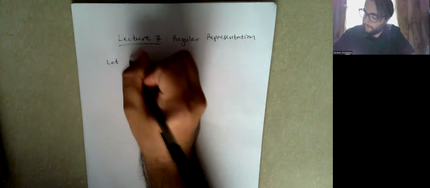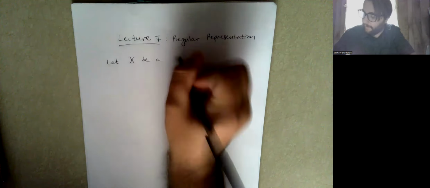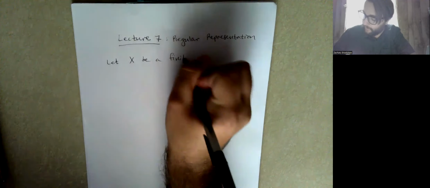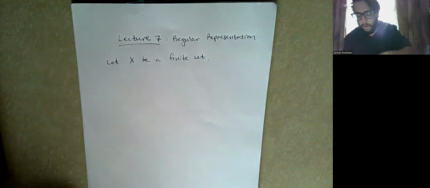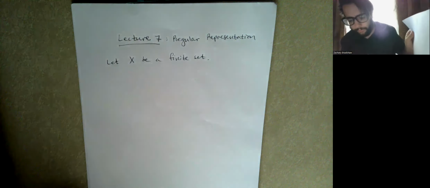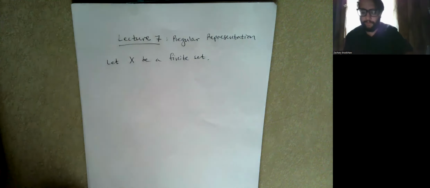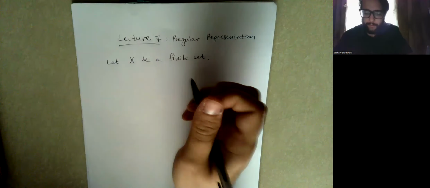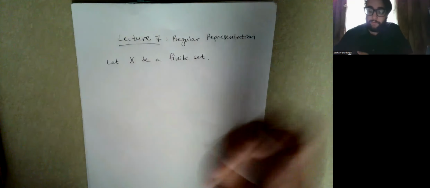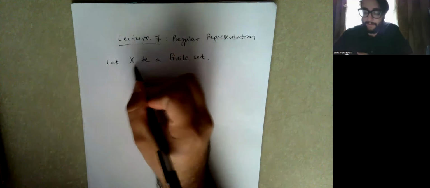All right. So let X be a finite set. I think we'll assume that all throughout, although pretty soon we'll be changing X to a finite group. So I think the notation will be ditched. But anyway, we can build a vector space with basis X in the obvious way, right?